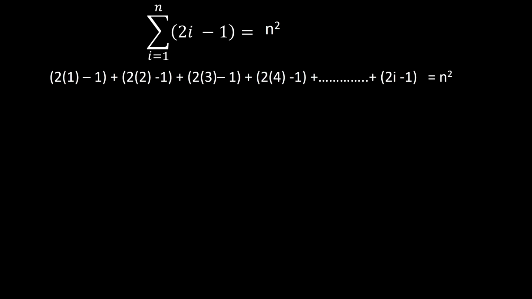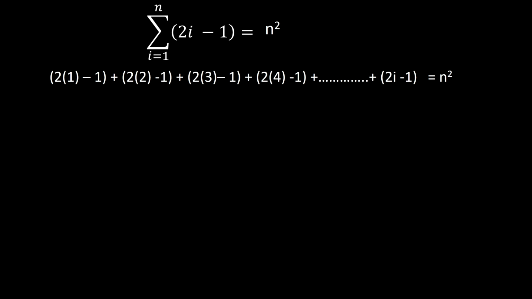That's 2 times 1 minus 1 plus 2 times 2 minus 1 plus 2 times 3 minus 1 plus 2 times 4 minus 1 plus like that. Then we put what we will use to calculate the last number in the sequence equals n squared.